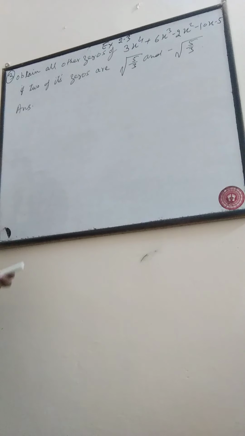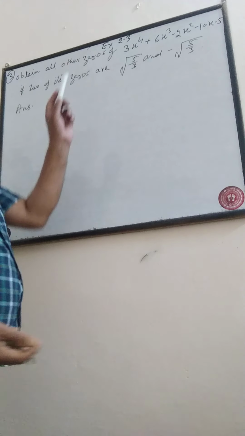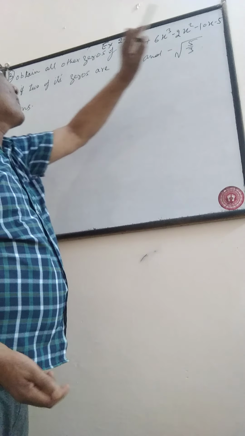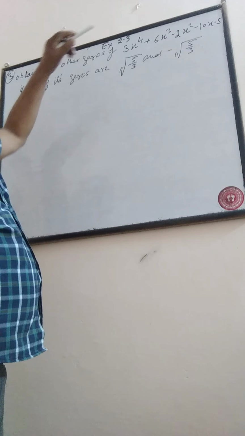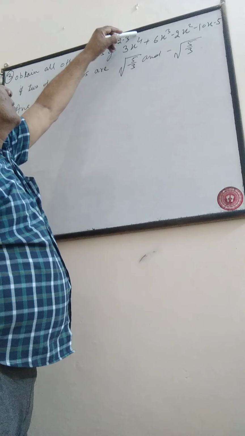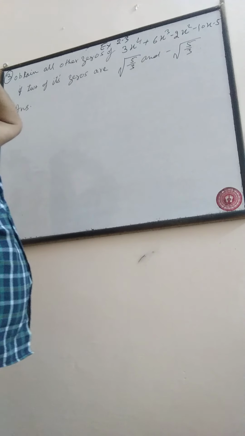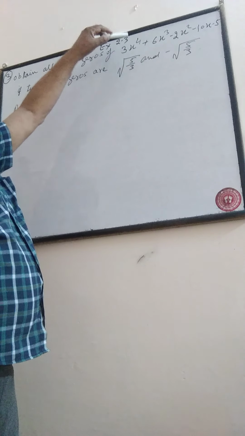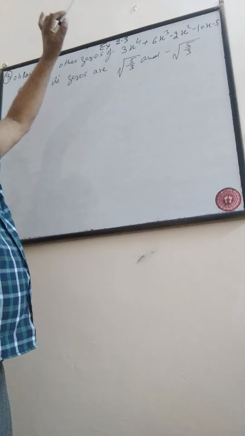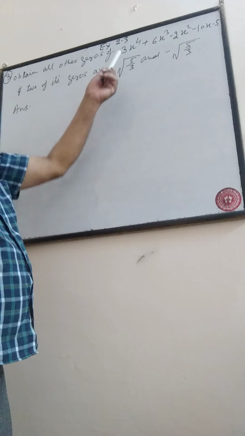As I have told you earlier, any polynomial has the number of zeros equal to its degree. That means if the degree of the polynomial is 4, then you will have 4 zeros.